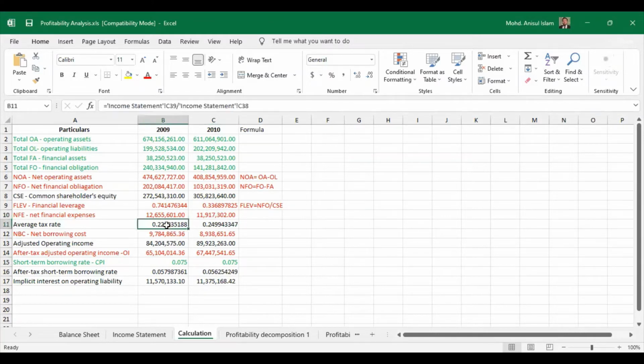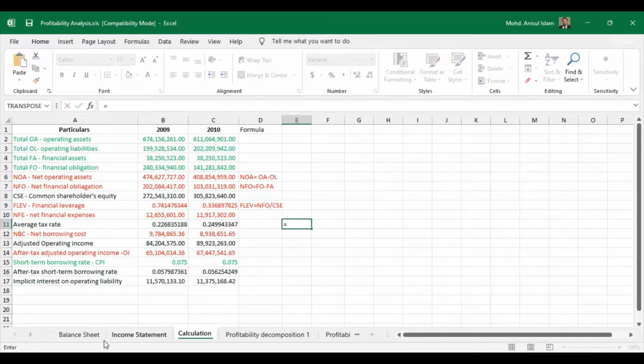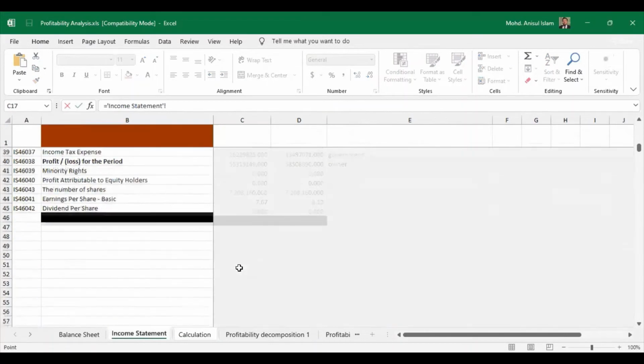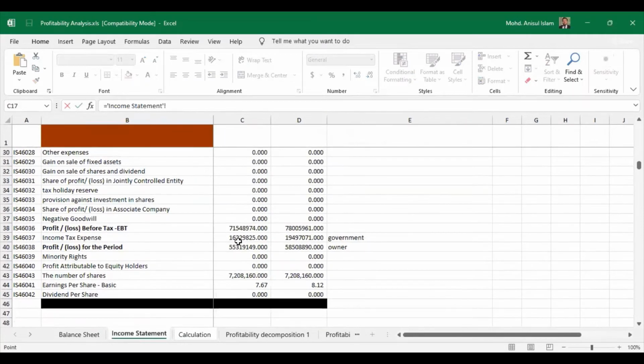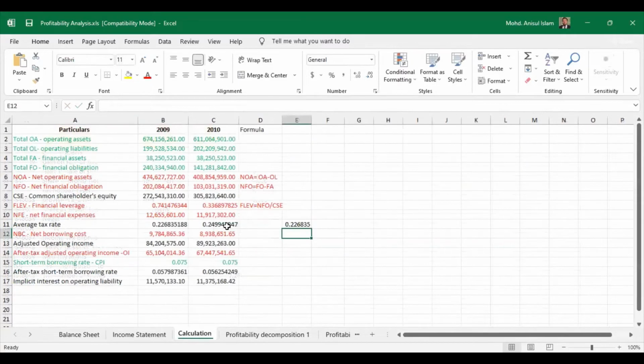Now, the average tax rate. So can you recall how we measure the effective tax rate? We measure the effective tax rate by dividing the income tax expenses by the profit before tax.